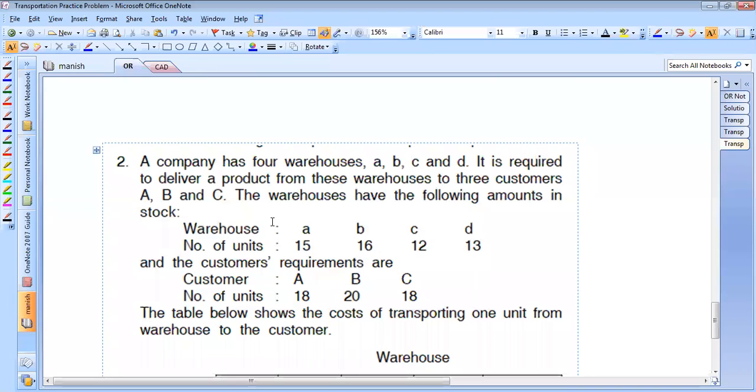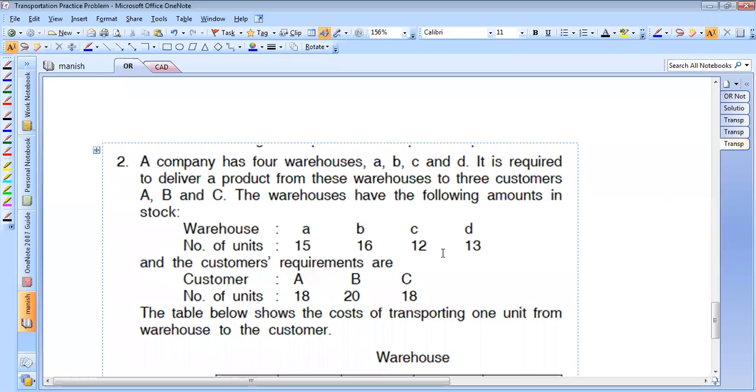Now the warehouses have the following amounts of stock. So they have some certain stock. What is the stock? The stock is 15, 16, 12, 13, and the customer requirements are 18, 20, and 18. So let us just see. 15 plus 16 is 31, 31 plus 12 is 43, 43 plus 13 is 56.